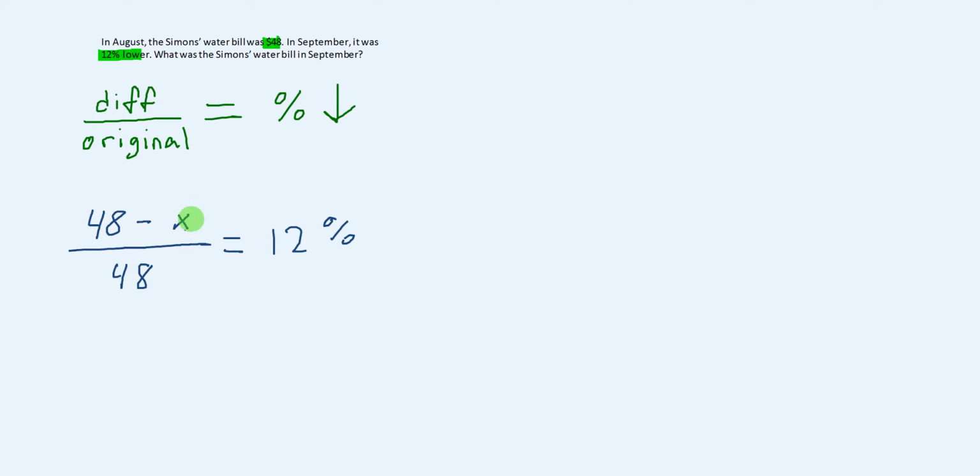Okay, let's go ahead and isolate the variable. The first thing we need to do is undo division on both sides. So let's multiply by this 48, and we'll push it over to the other side. Times 48. So now we have 48 minus X is equal to 12% times 48.